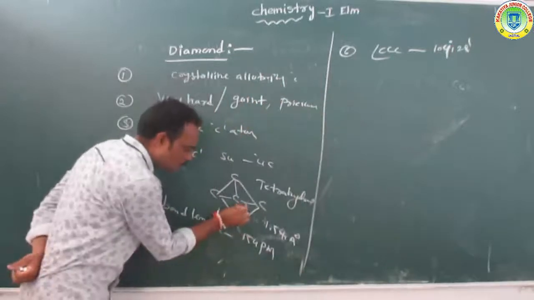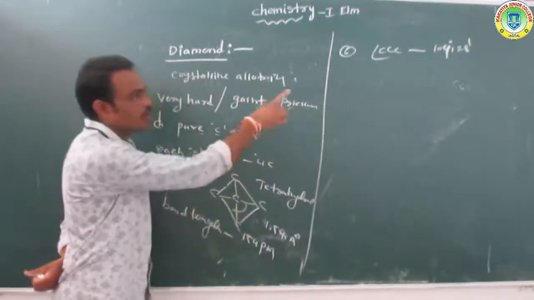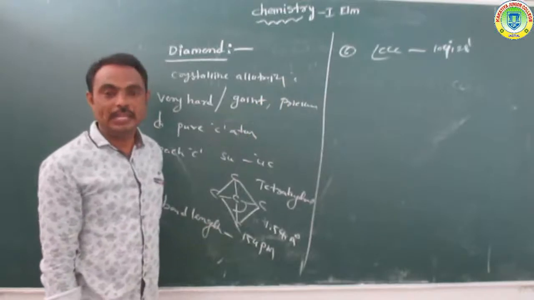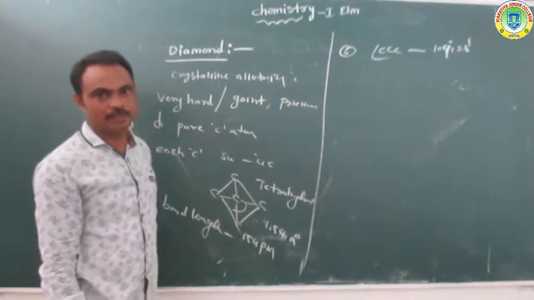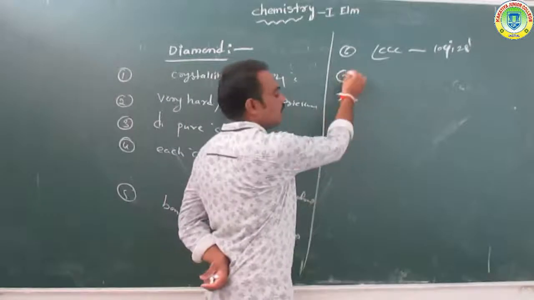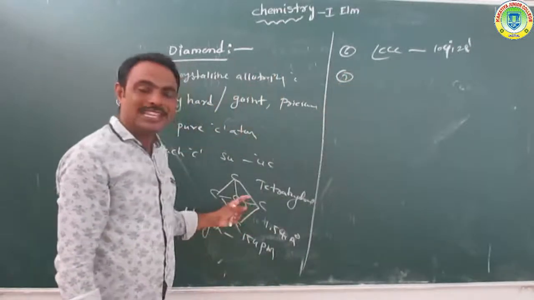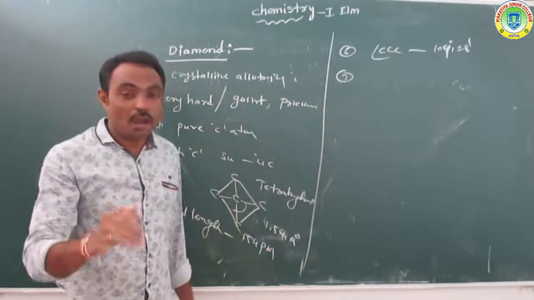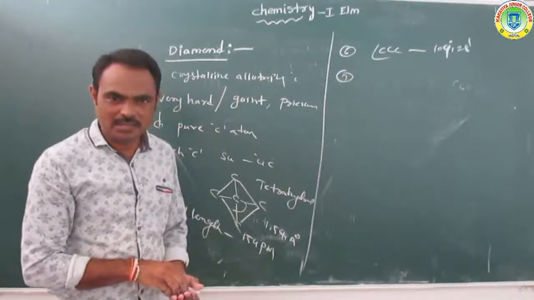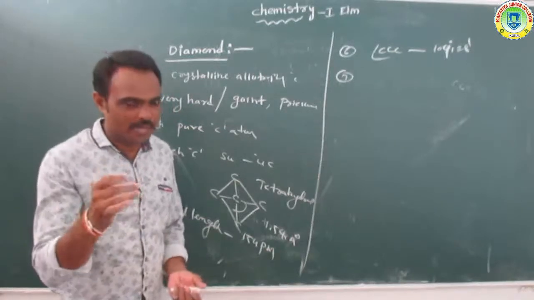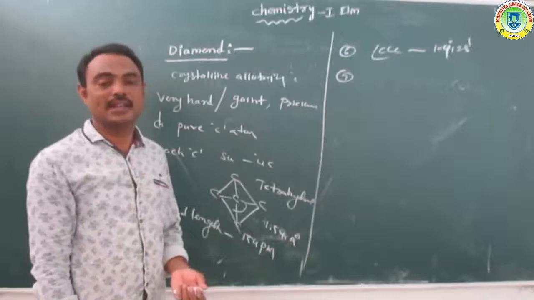So this bond angle, how much? 109 degree 28 minutes. Okay, so overall diamond contains a number of tetrahedral structures.